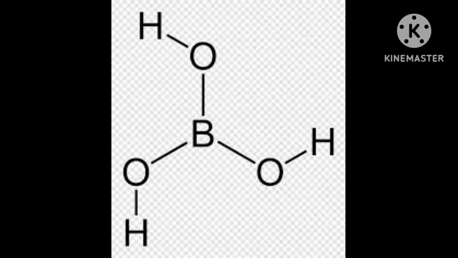Means upside BO3, down BO3, each BO3 is joined by hydrogen bonding. This is the main thing. Layers of BO3 will be there. Layer structure in which planar BO3 units are joined by hydrogen bonds.